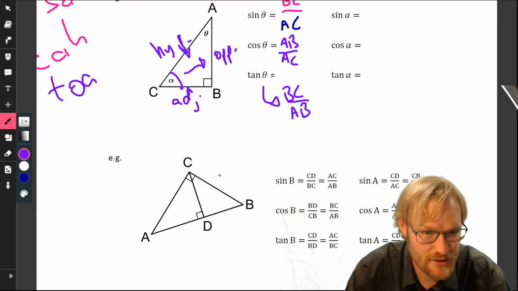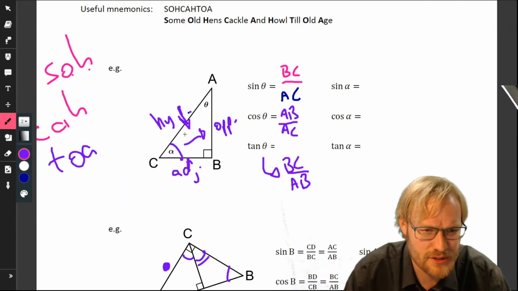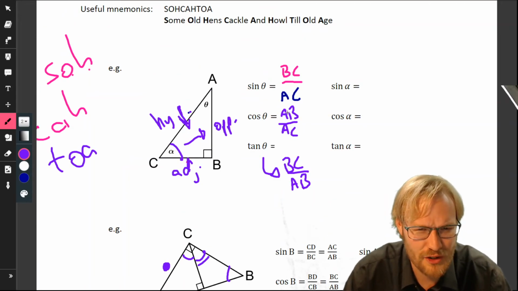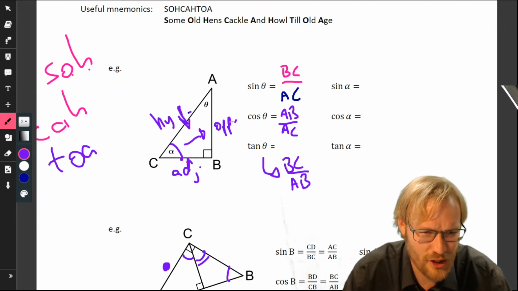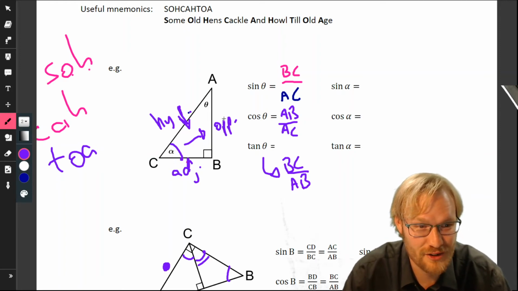You might have two or more triangles, and then this side relative to A or B or this angle is going to change whether it's adjacent, hypotenuse, or opposite. So it's not worth scribbling those on your triangles, because it could change depending on which angle you're looking at.